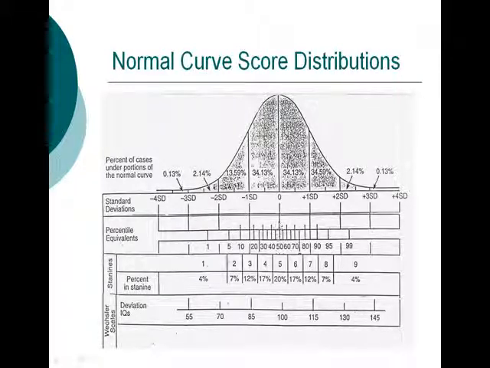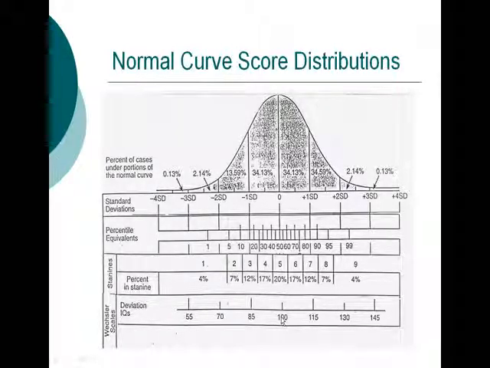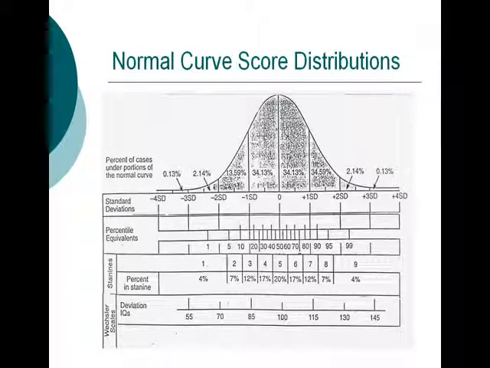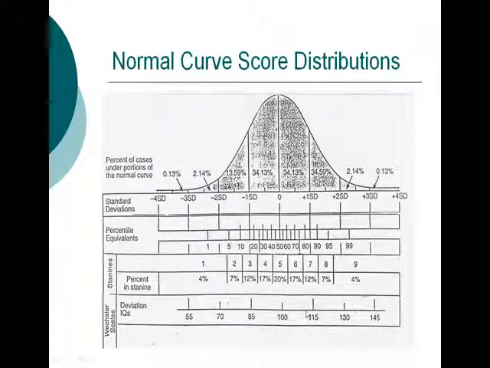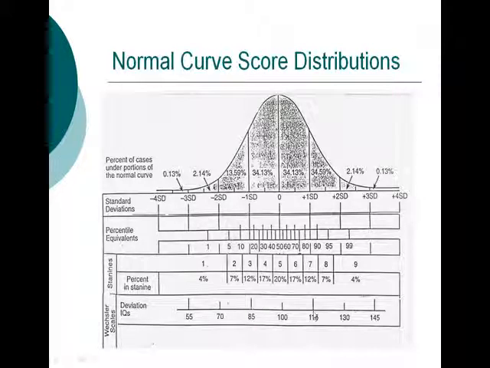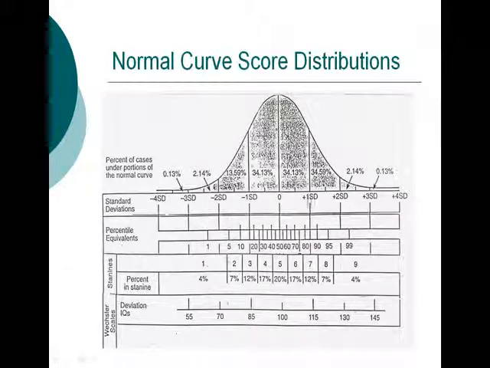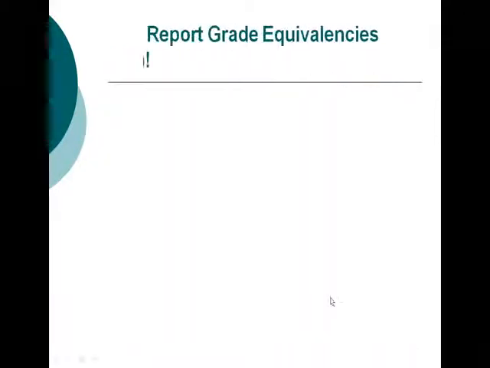Your standard scores are down here. 100 lines up with the 50th percentile, and that goes along. 85 standard score lines up with the 16th percentile. Those kids who are at the 2nd percentile are going to have a standard score of 70. And then you can go the other way. 115 lines up with the 85th percentile, and 130 lines up with that.